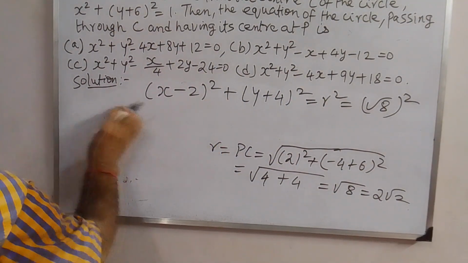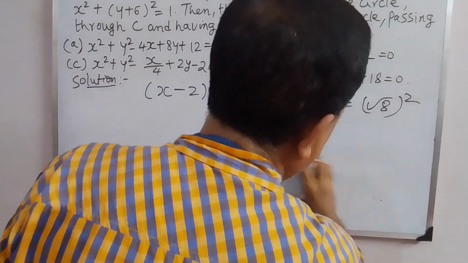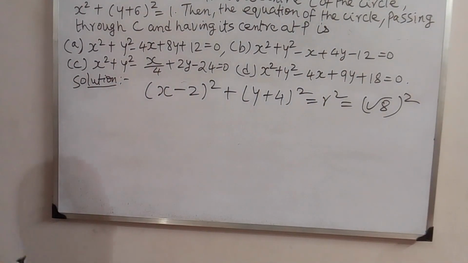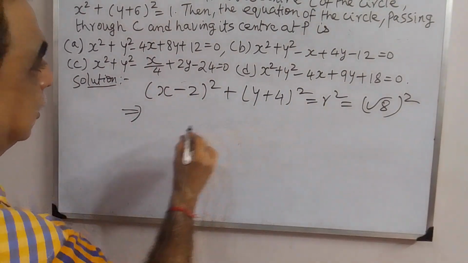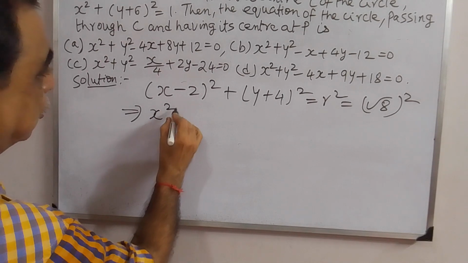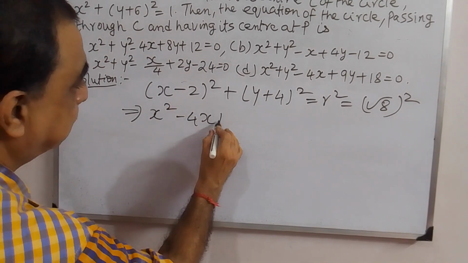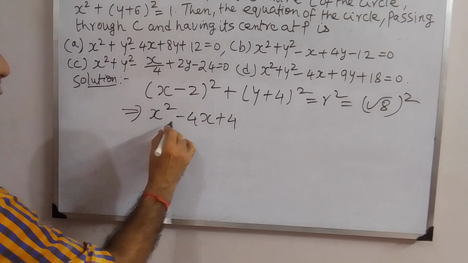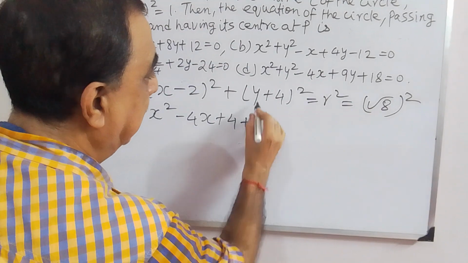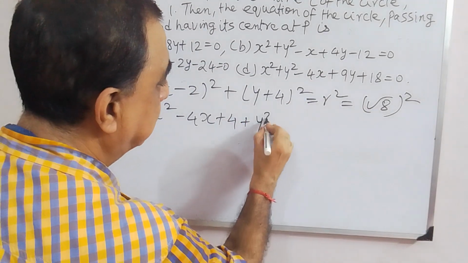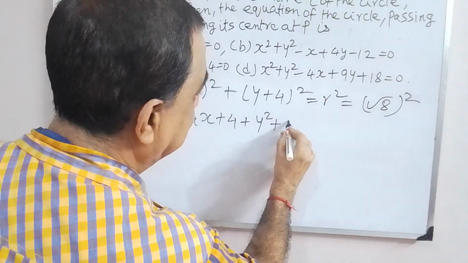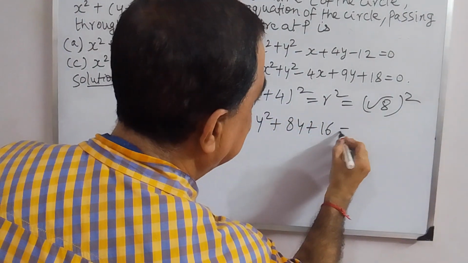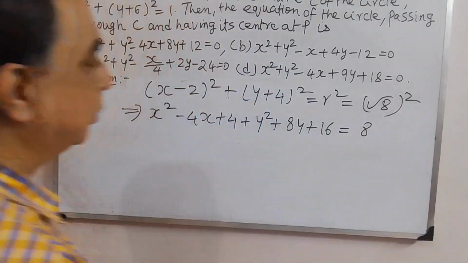Okay, now solve it, and then we will check with which option it matches. So this is the required equation. This will become x squared minus 4x plus 4, I am expanding x minus 2 whole square, and y plus 4 whole square will be y squared plus 8y plus 4 squared, 16, is equal to root 8 whole square, which is 8.